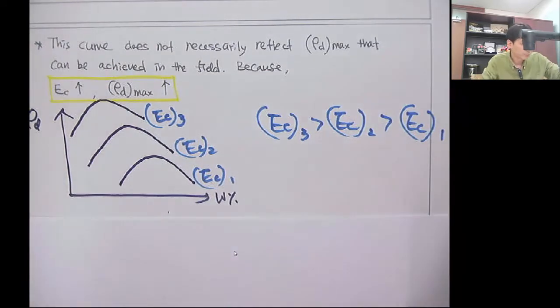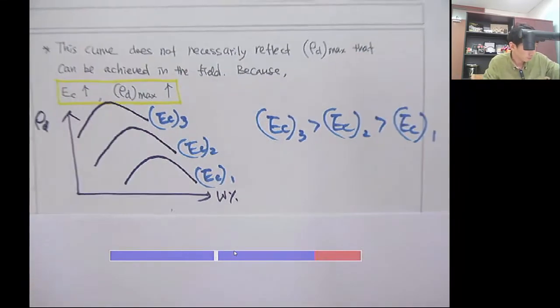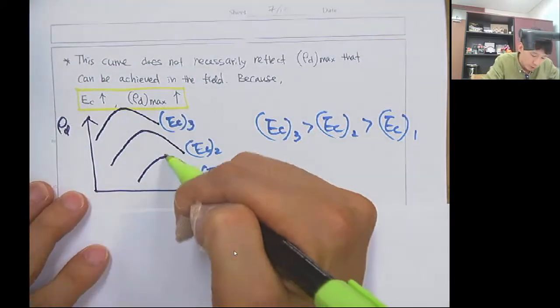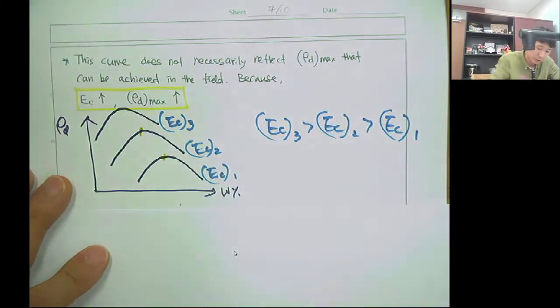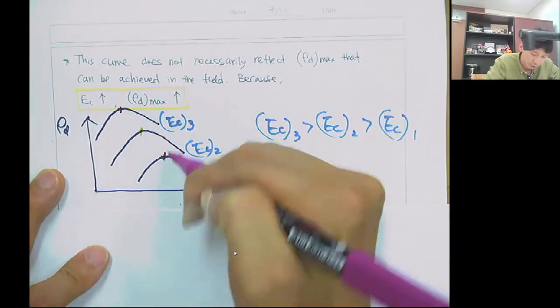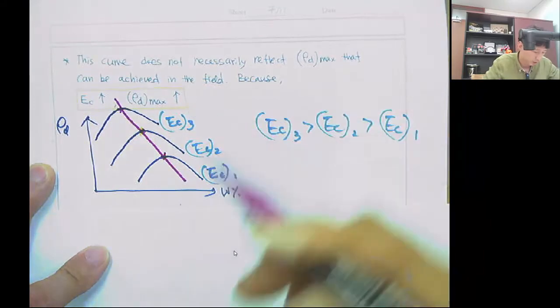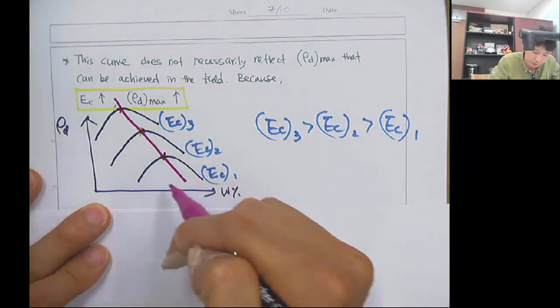And also, you can draw a line through these maximum dry densities, and this is called the line of optimum.